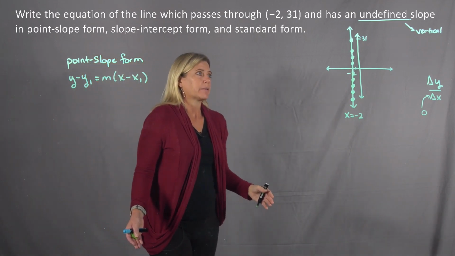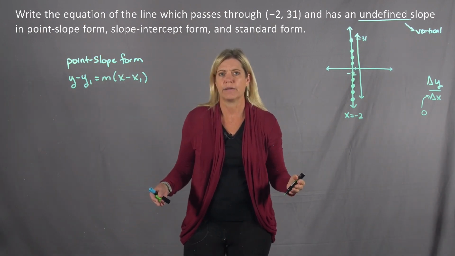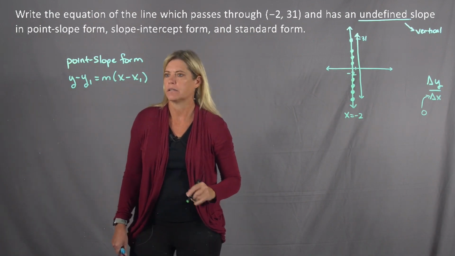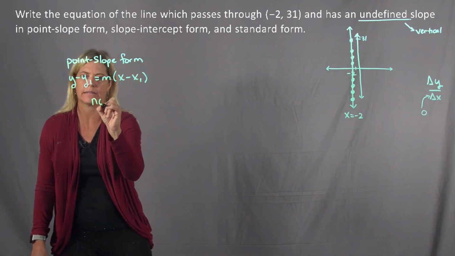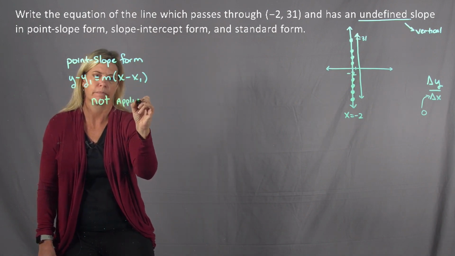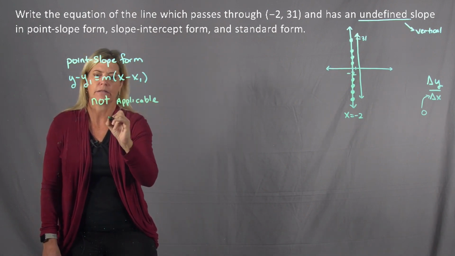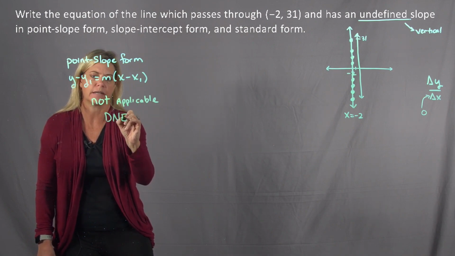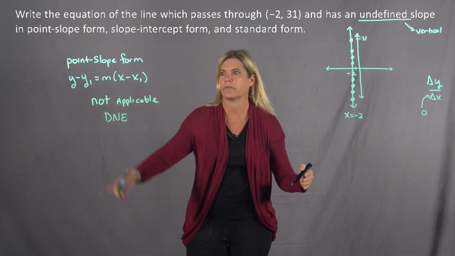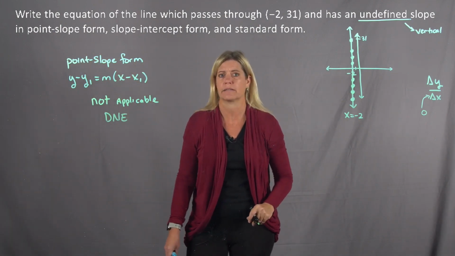Well, I have a little bit of a problem here because my slope is undefined, meaning I don't even have a number that I can put in for this m. So this is not applicable, or we might say this just does not exist in this case. So I can't put the equation of a vertical line in point slope form because the slope doesn't exist.